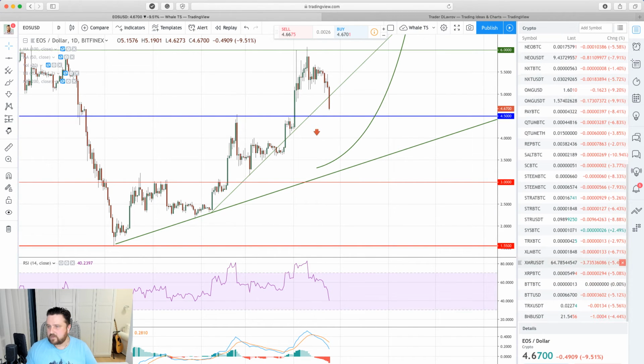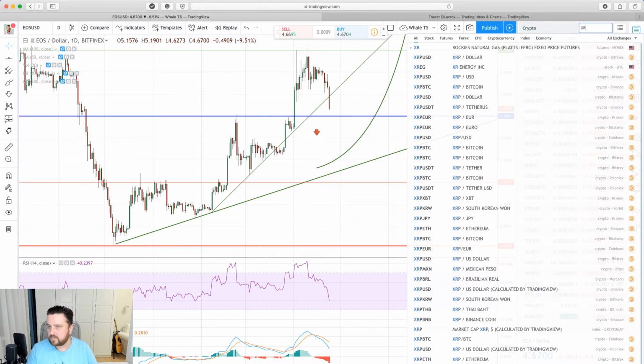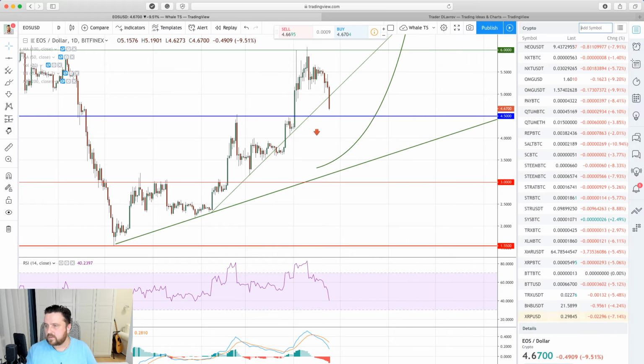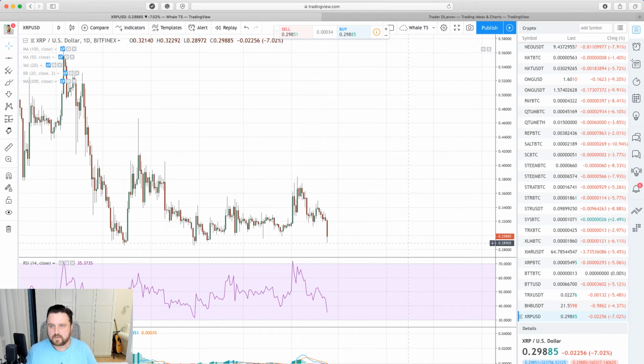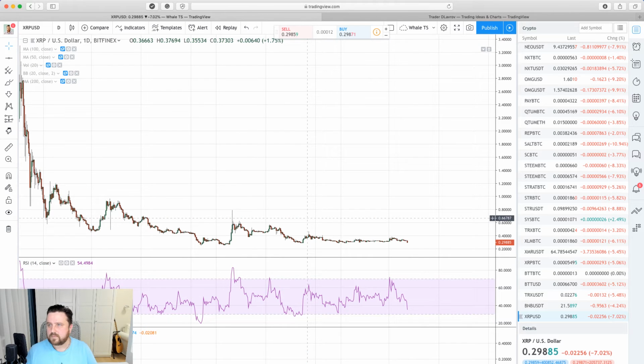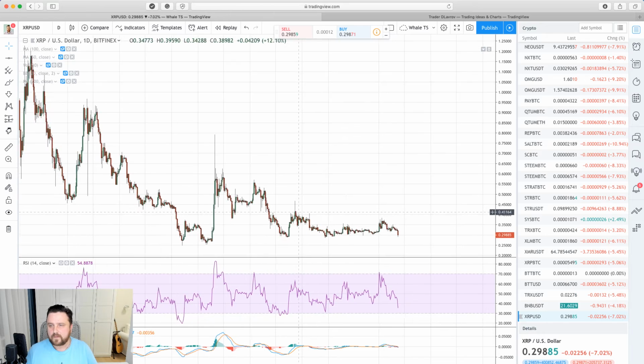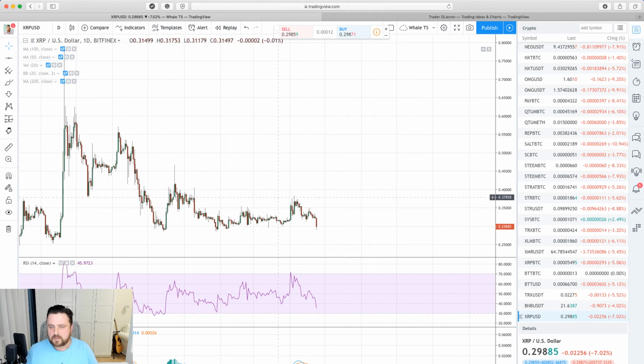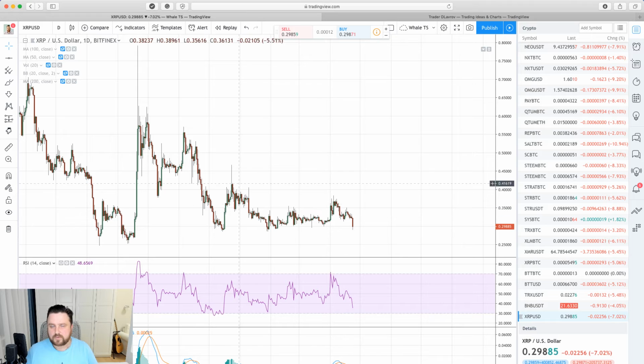Now it's time for Ripple. Again, if we talk about possible market movements, I use the daily time frame.